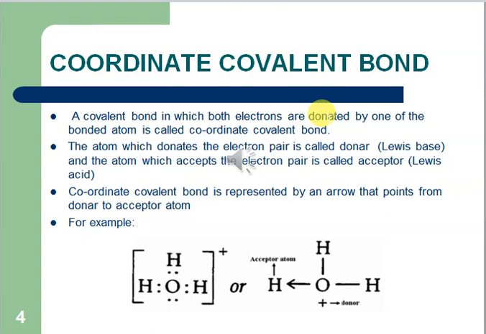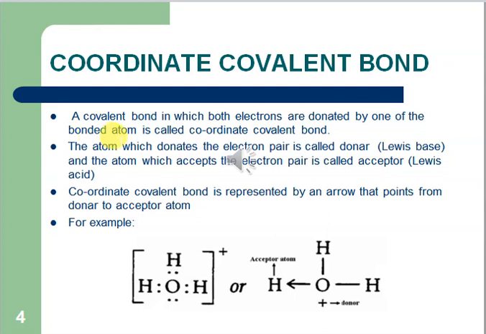They are not shared mutually, but once they are donated by one atom, they are shared. That's sharing, but not mutual sharing, because an atom donates two electrons and these two electrons are then shared between the atoms. So a coordinate covalent bond is actually a special form of a covalent bond.